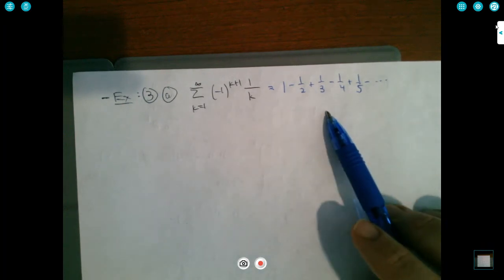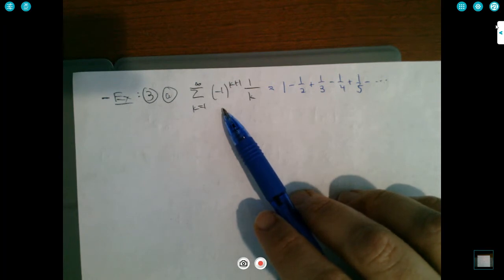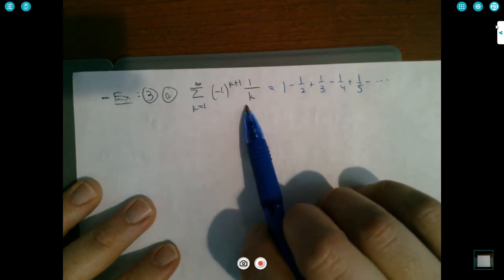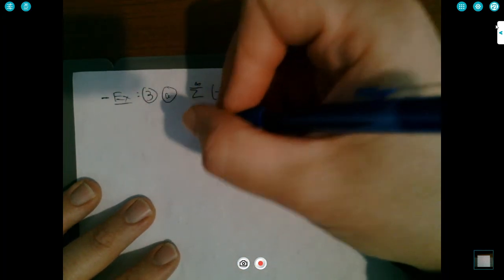And we know that this is not absolutely convergent, okay? Because we already did that in, for example, 1b, right? Because if you take the absolute value here, you're just going to get 1 over k, right? So maybe I'll write it again.